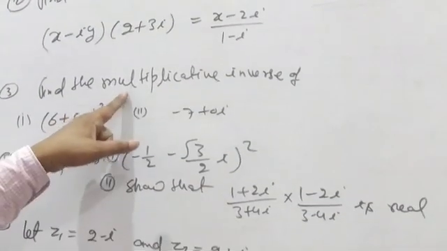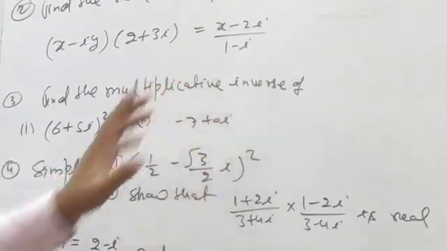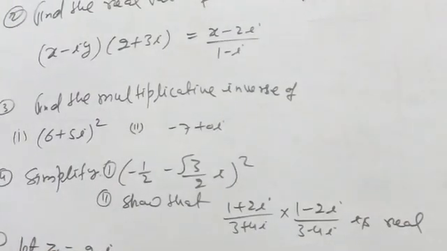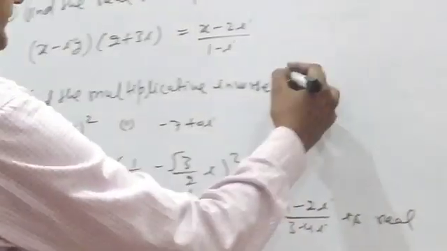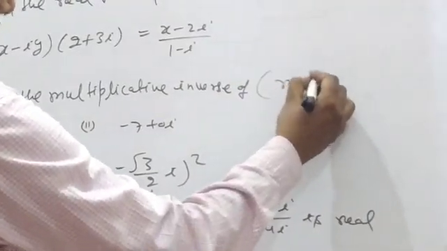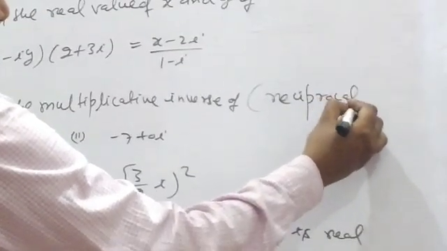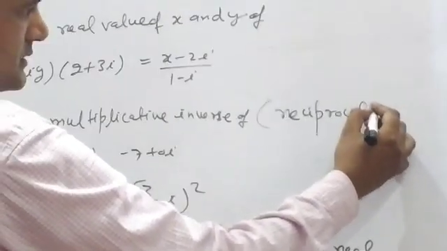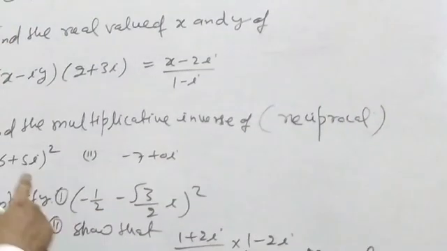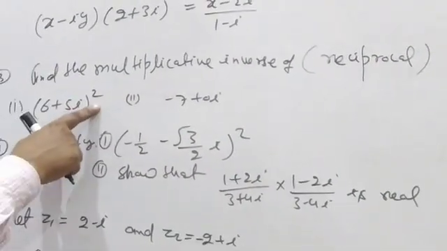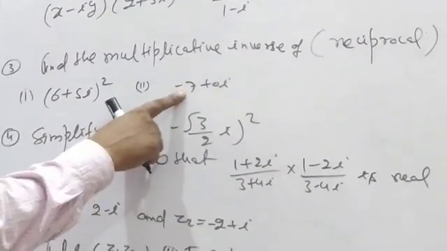Find the multiplicative inverse, that is reciprocal. Clear? Reciprocal of 6 plus 5i whole square. Second part is minus 7 plus 0i.